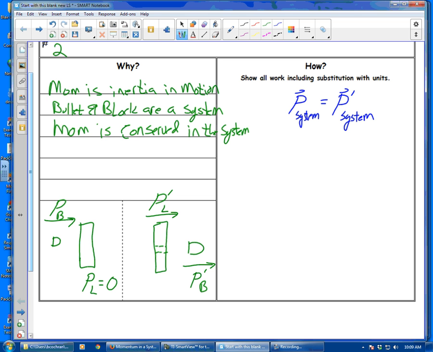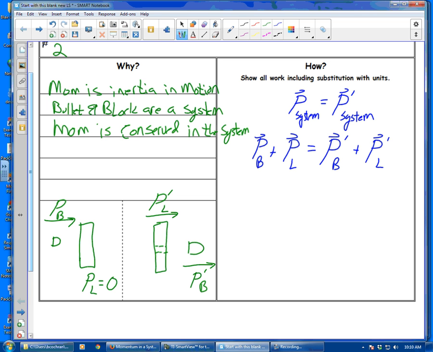So before, I'm going to have 2 momentums, added together: one of the bullet and one of the block. And afterwards, I'm also going to have 2 momentums, one for the bullet and another one for the block. I like to look at my diagram, 2 objects, 2 momentums, so I don't by accident forget one or add an extra thing in there.